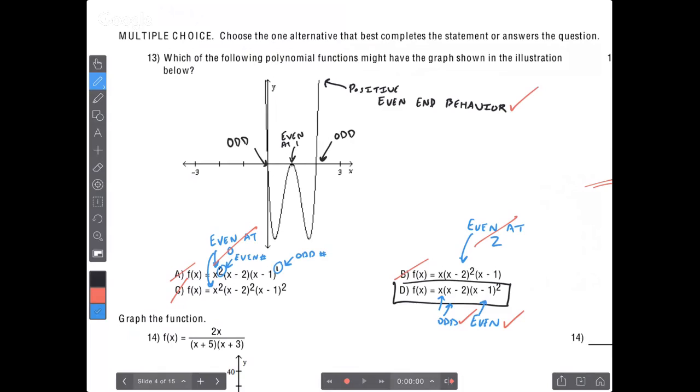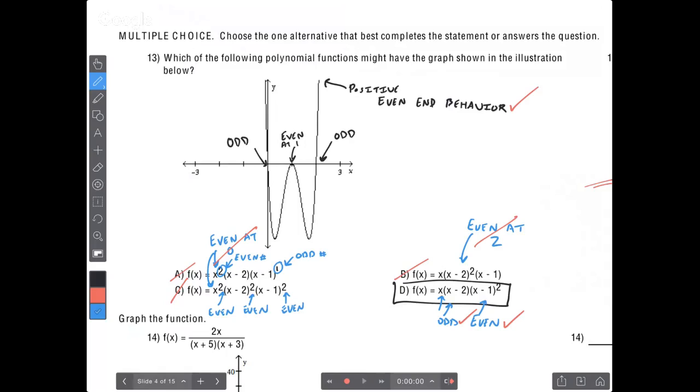The even or oddness of the exponent at that 0. So that one was clearly not it because it only had evens. That function would have never dipped below the x-axis. It would have just bounced and bounced and bounced.